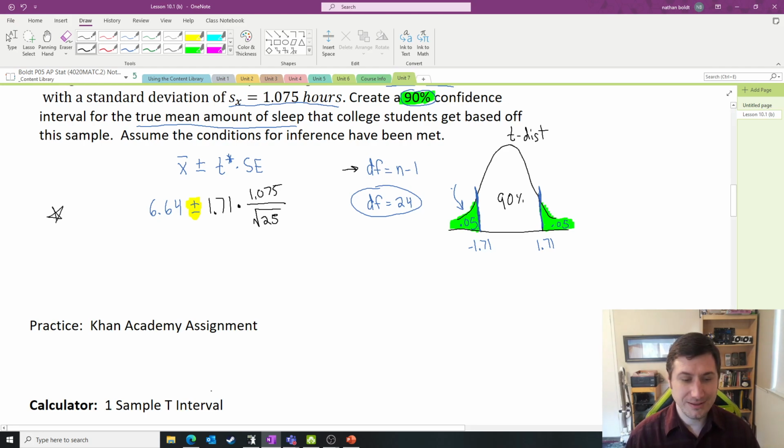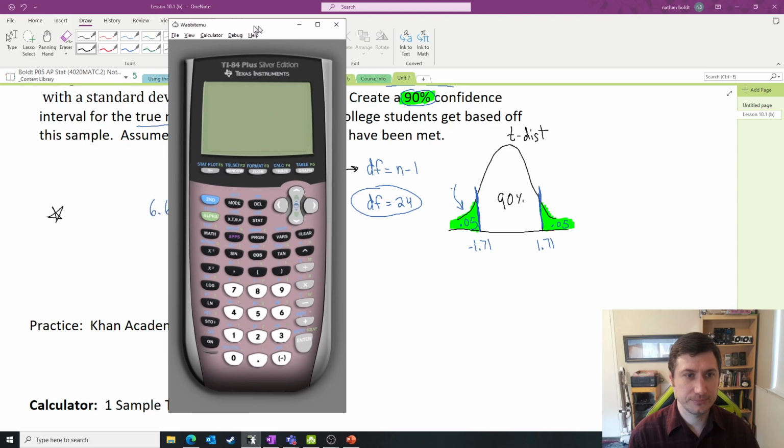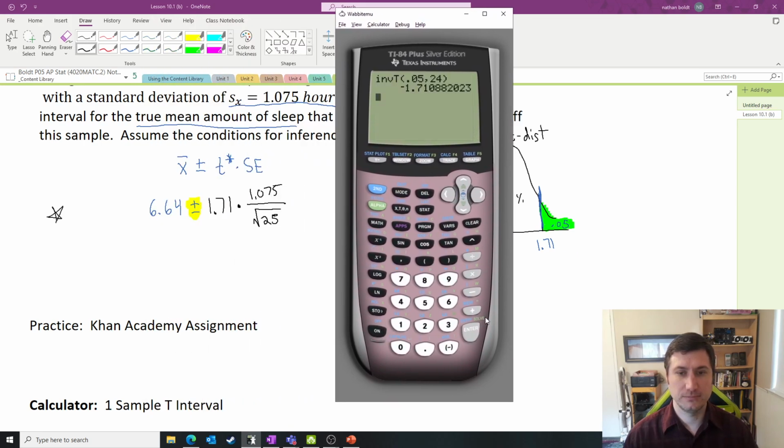We used that in Unit 5 when we did sampling distributions. Time to just plug this into the calculator. Let's do the margin of error first. 1.71 times 1.075 divided by the square root of 25. 0.368.